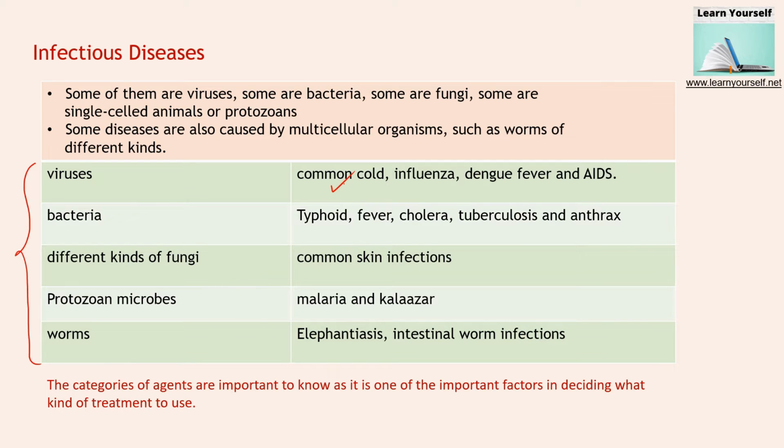So as these agents vary, our mode of treatment will also vary. That's why it is very important to know which kind of agents are behind our infectious disease to decide the mode of treatment.